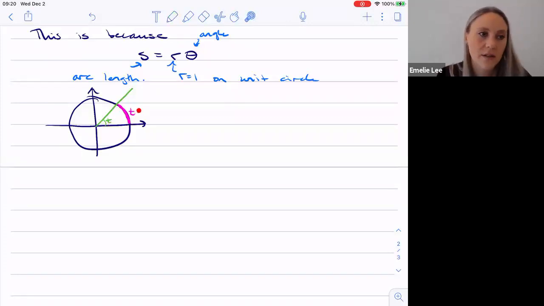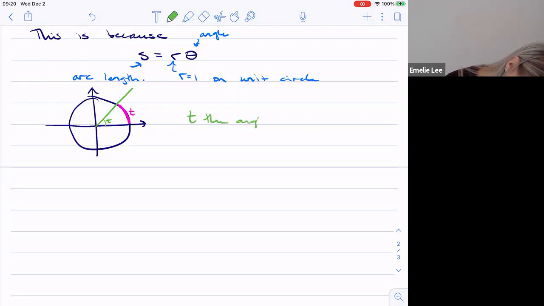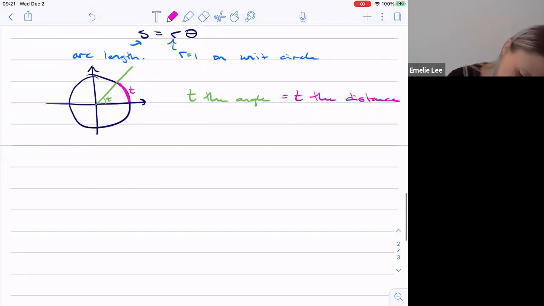This is the angle and this is the distance, but they're going to be the same. T, the angle, is equal to t, the distance, in radians.